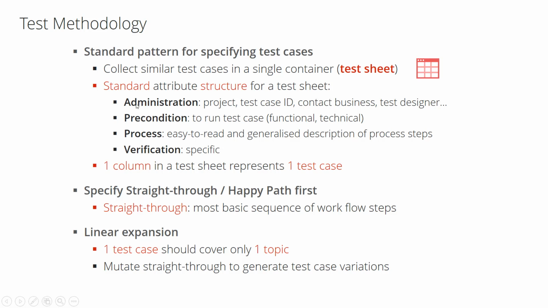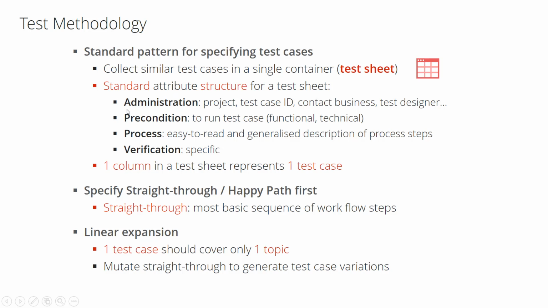As an explanation, managing additional data like project data can be difficult in the test case design section. That's why we go with an administration attribute where you can put in project-related information.